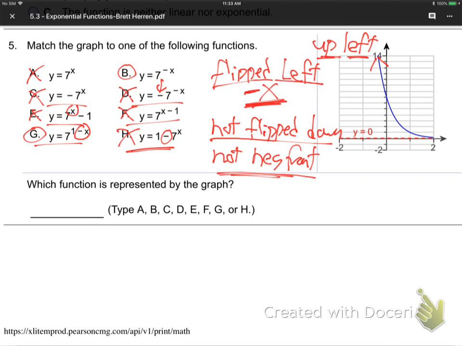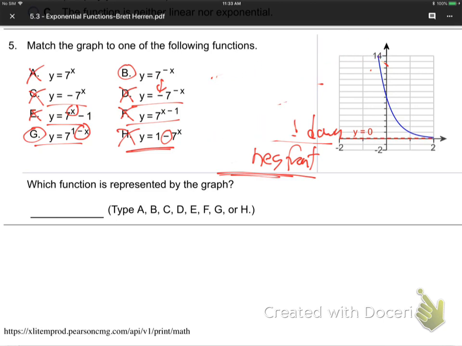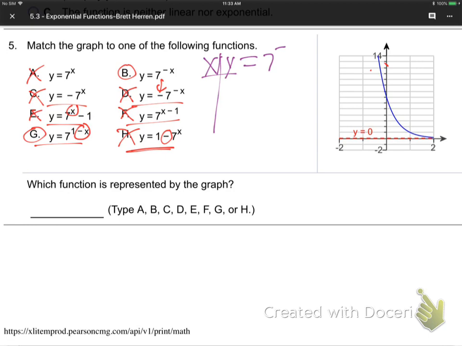What do I always suggest you do at the end of these if you have two options? Table. So I'm going to get rid of this stuff and make a table now. I'm going to try out B first. So I'm going to go X, Y, and try B, 7 to the minus X. What should I plug in?